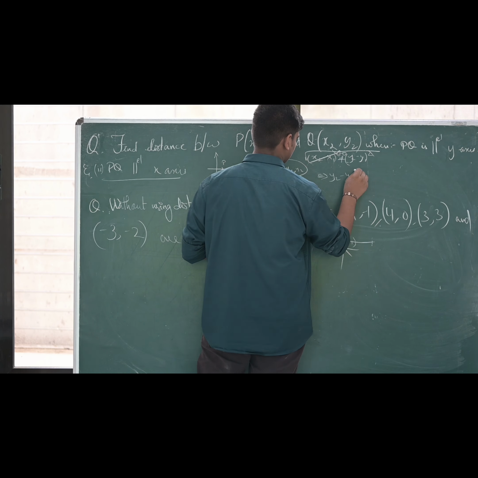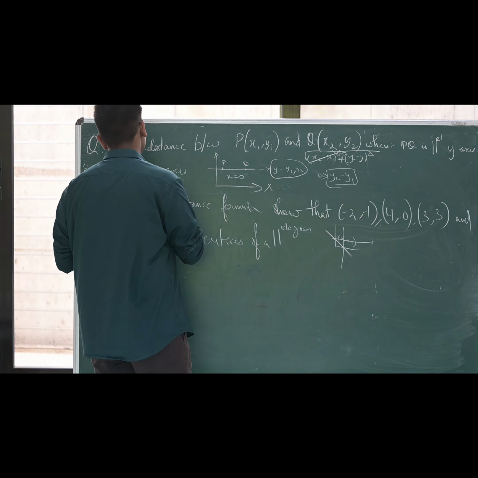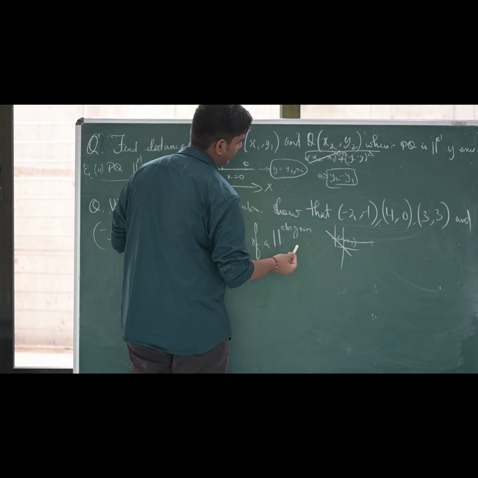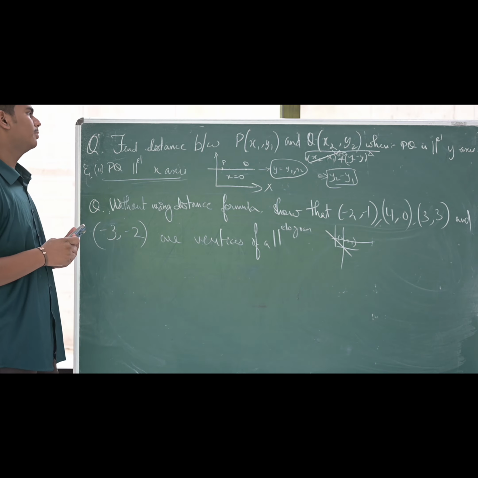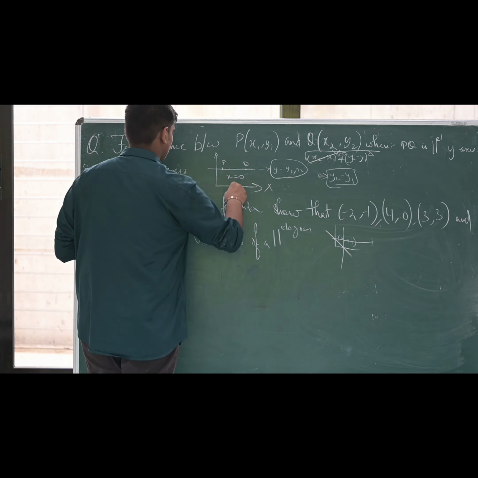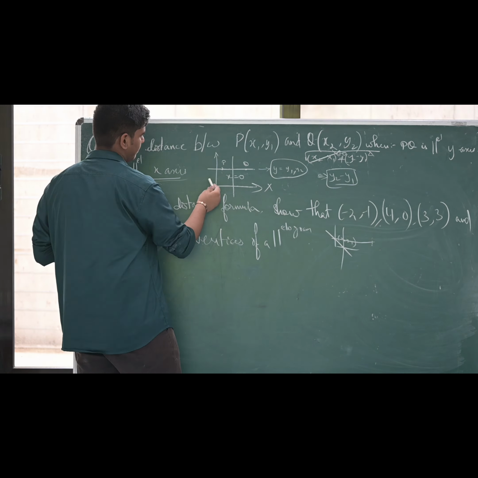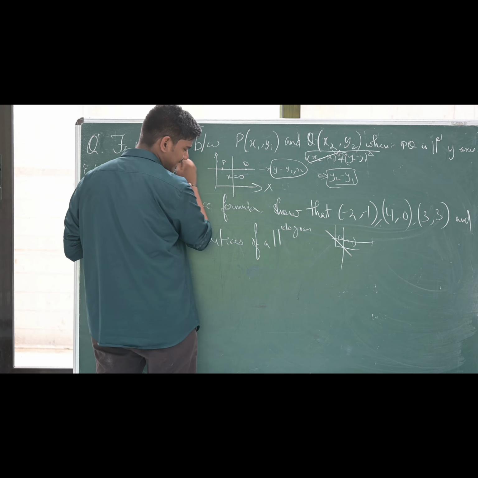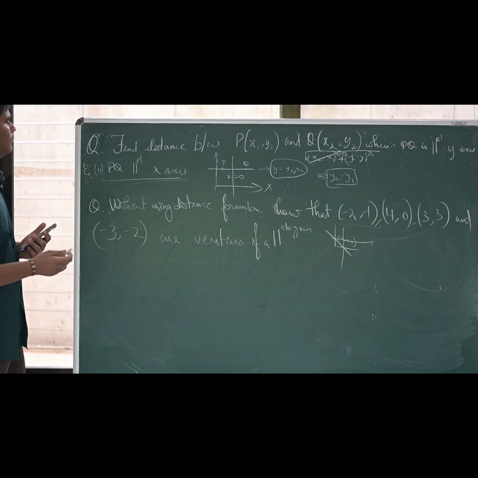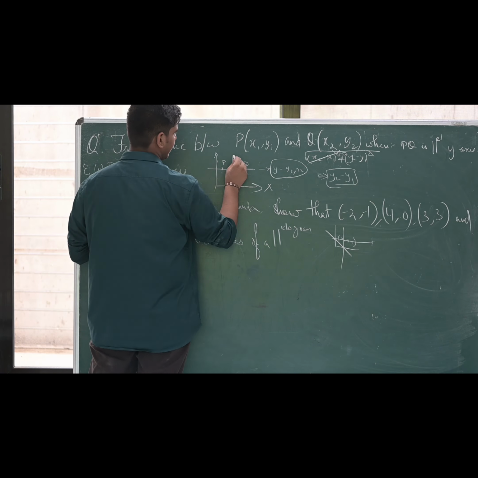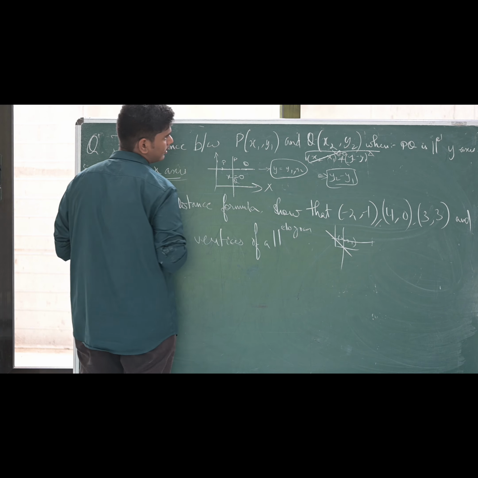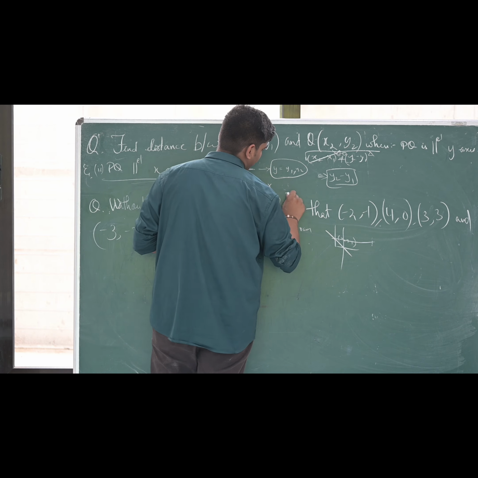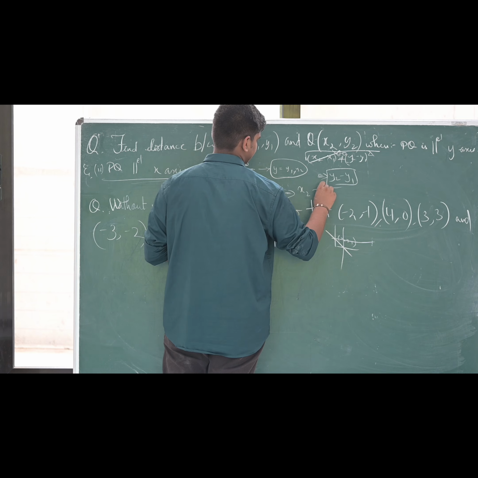Okay? The distance when PQ is parallel to the x-axis is y2 minus y1. Similarly, when PQ is parallel to the y-axis, only the x value will be there, and the y value will be 0 because it does not intersect the y-axis. So in that case, the distance formula will be x2 minus x1. Okay?